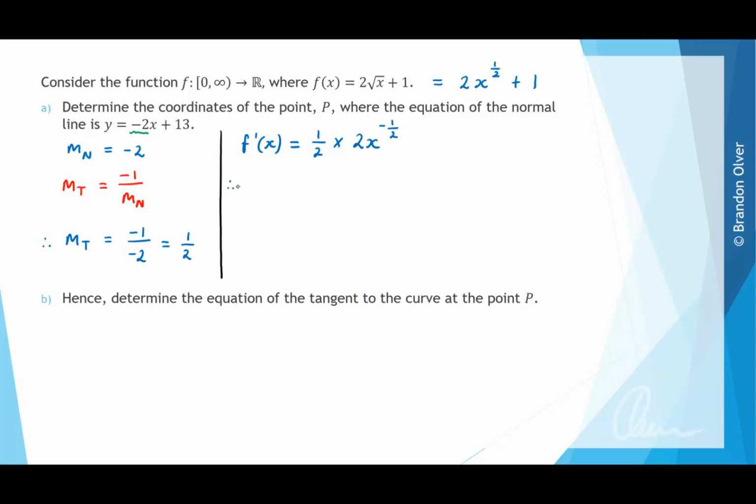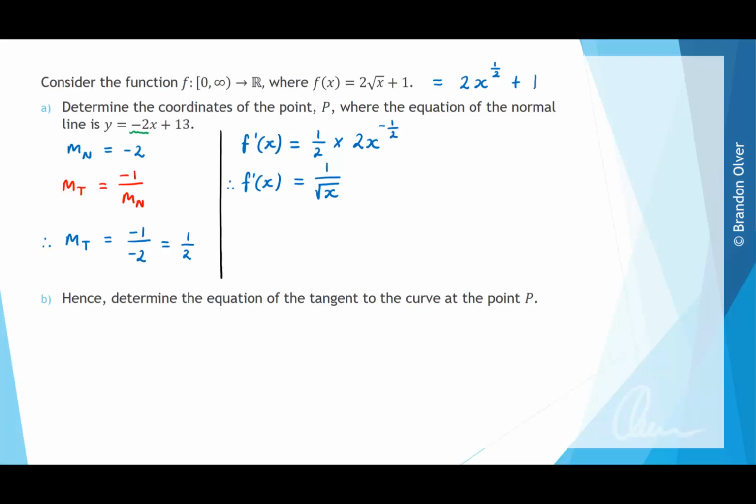Simplifying that down, f dashed of x is equal to 1/2 times 2, which cancels, and then x to the power of negative 1/2 can be written as 1 divided by, the negative puts it into the denominator, and the half turns it into a square root. So the derivative is equal to 1 divided by the square root of x.